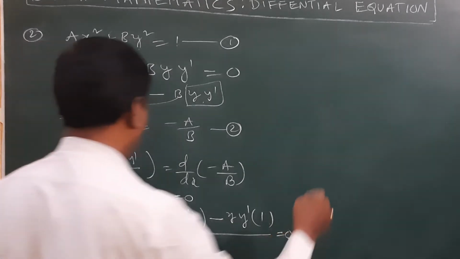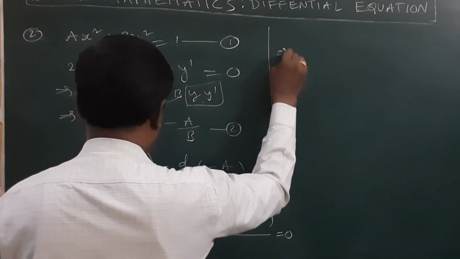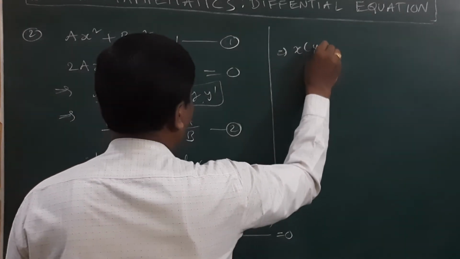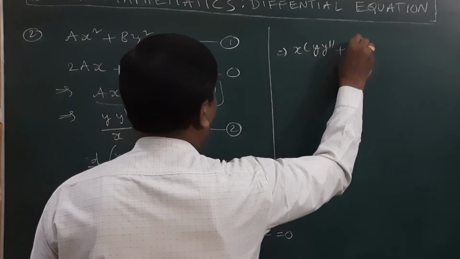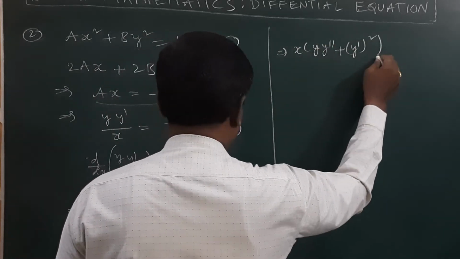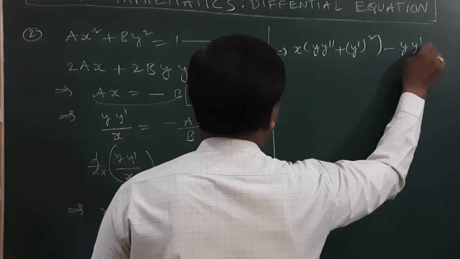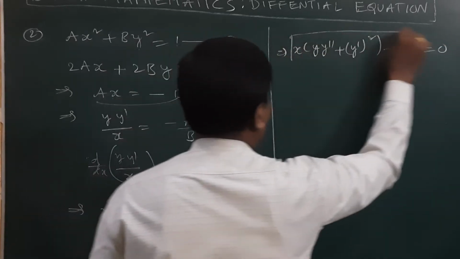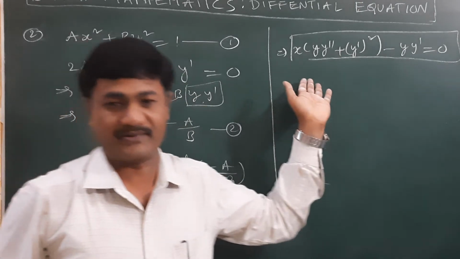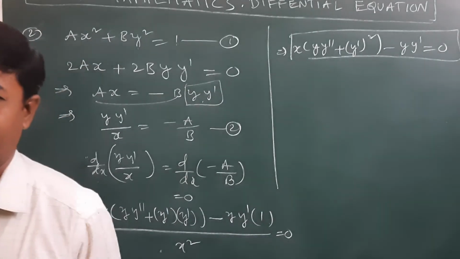So going to the right side, this implies x into y double dash plus y dash whole square minus y dash is equal to 0, which is the required solution of our differential equation.